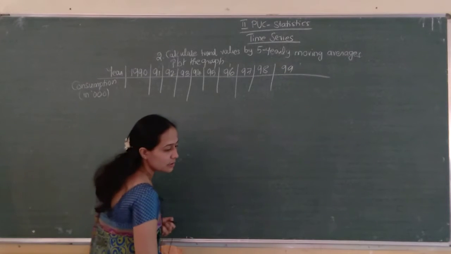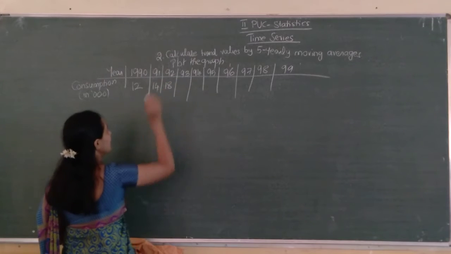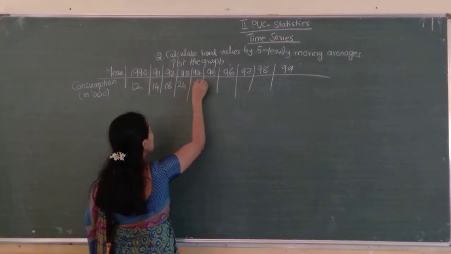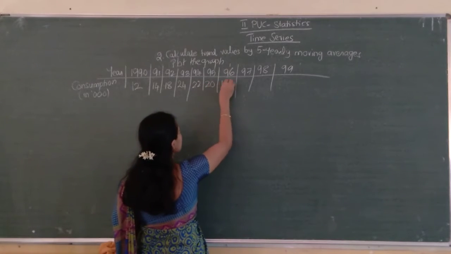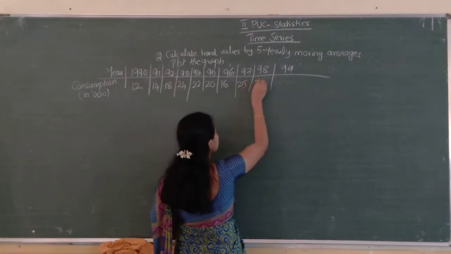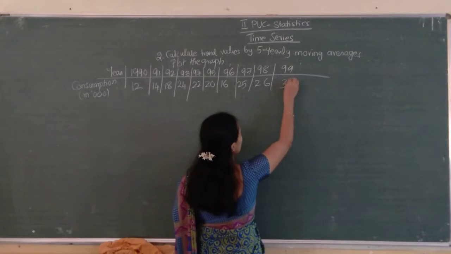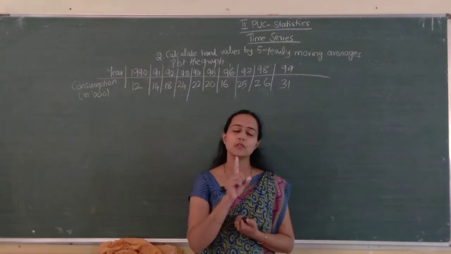Here consumption is 12, 14, 18, 24, 22, 20, 16, 25, 26, 31. So here also the same question as the previous one, only one difference.